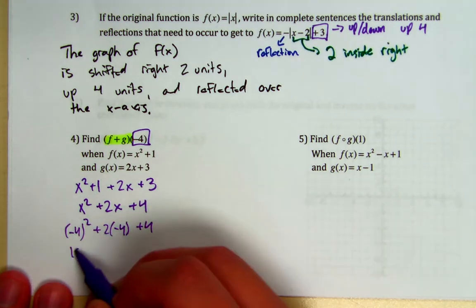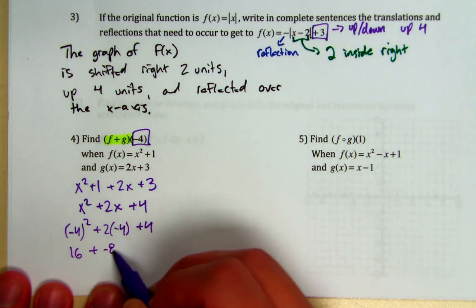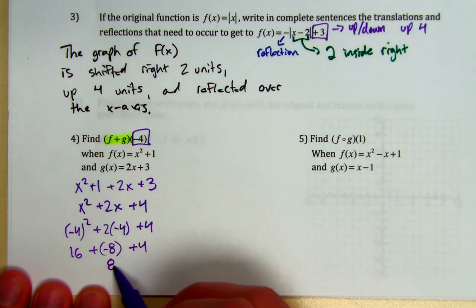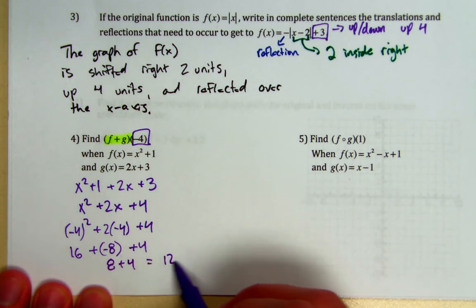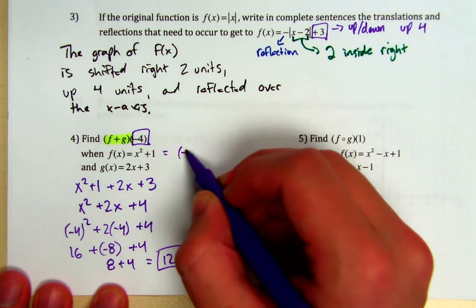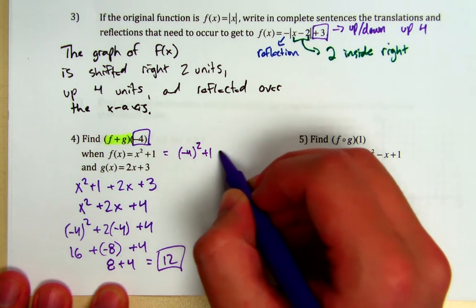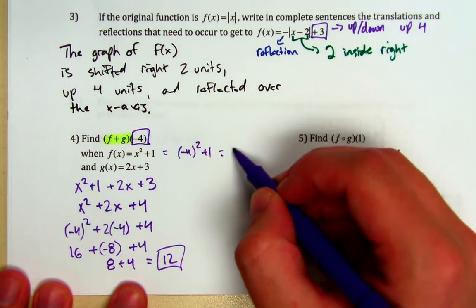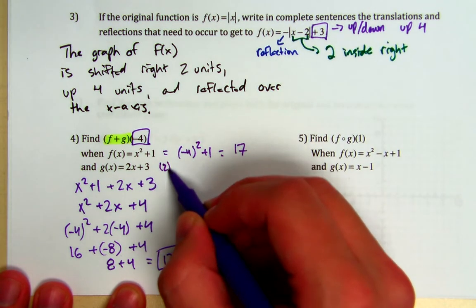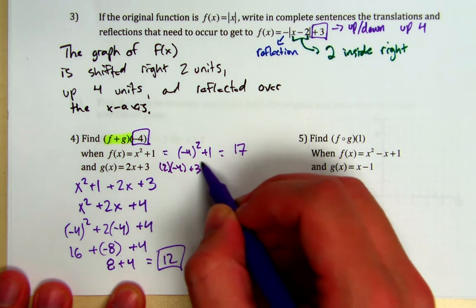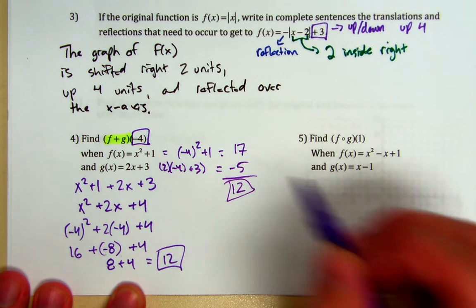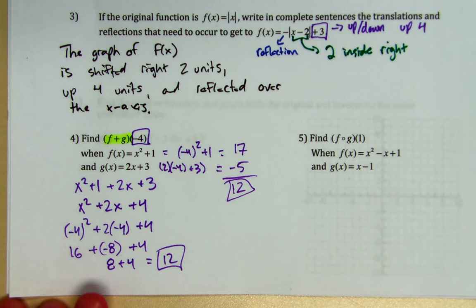Well, that's 16 plus negative 8 plus 4, that's 8 plus 4, which ends up being 12. Again, you could do negative 4 squared plus 1, which is 16 plus 1, 17, plus 2 times negative 4 plus 3, which equals negative 5. Add those together, you still get 12. Both ways are valid.